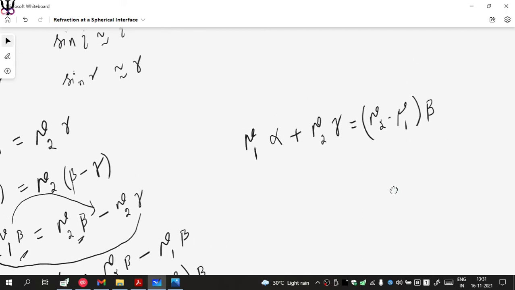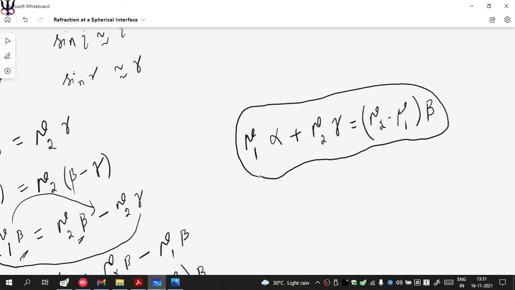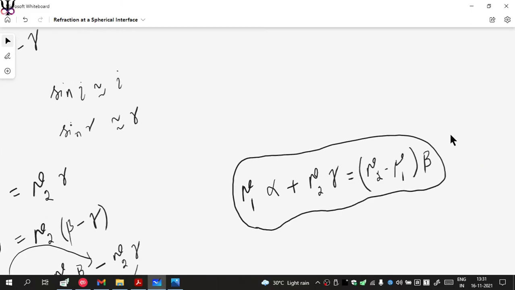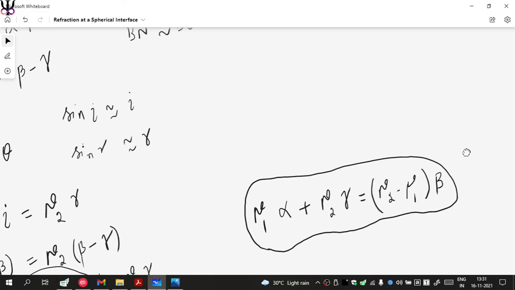So that is our expression here. This expression we have to now use some further approximations so that we can make sense of it, make a proper formula out of it.